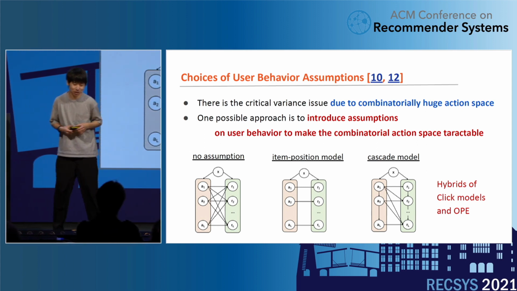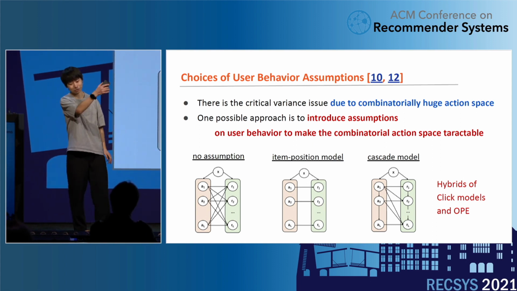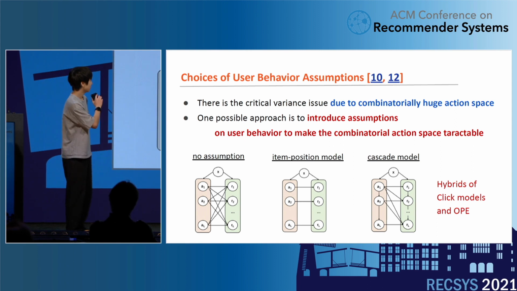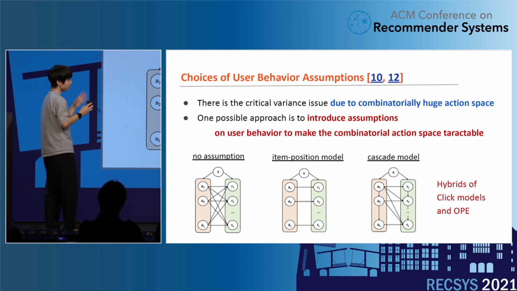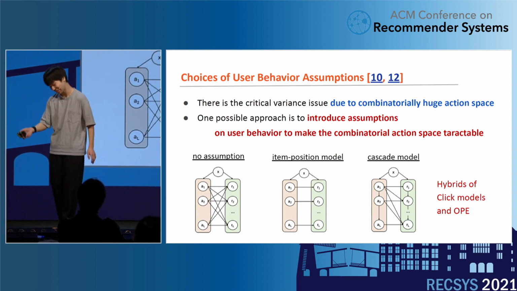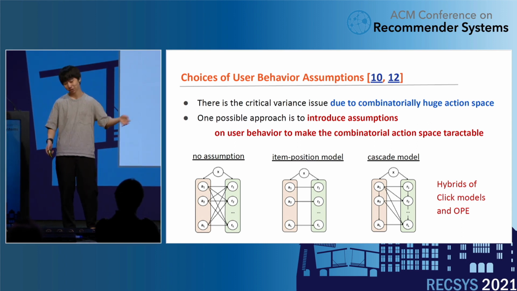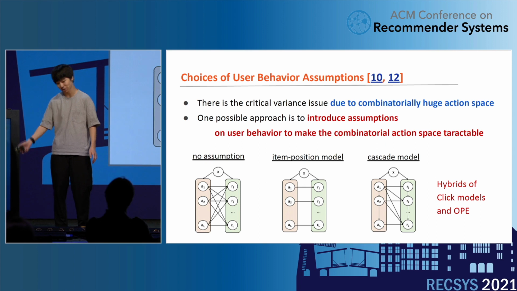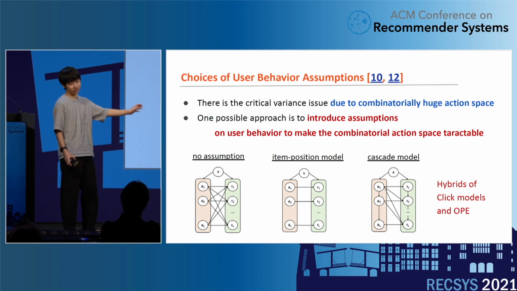And click modeling basically assumes some behaviors on a list of recommendations or in a web system. So I think this kind of recent approach can be seen as a hybrid of the click modeling in the information retrieval literature and the statistical OffPolicy evaluation problem, right? By combining the knowledge from the click modeling and the statistical OffPolicy evaluation problem, we can do a much better OffPolicy evaluation in the combinatorial action setting. That's the basic idea here.